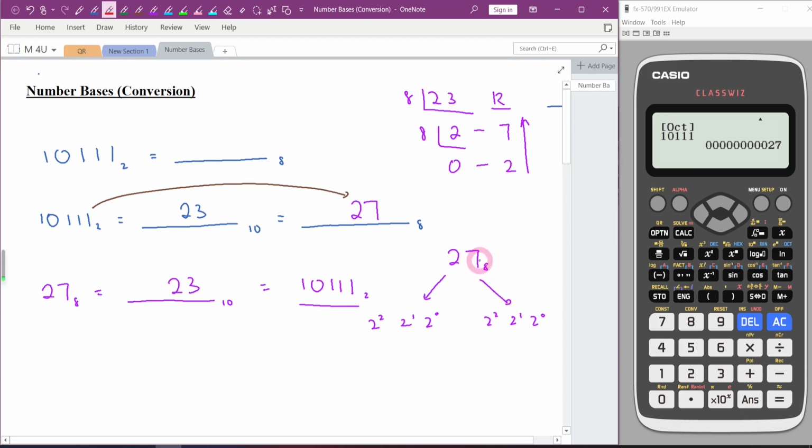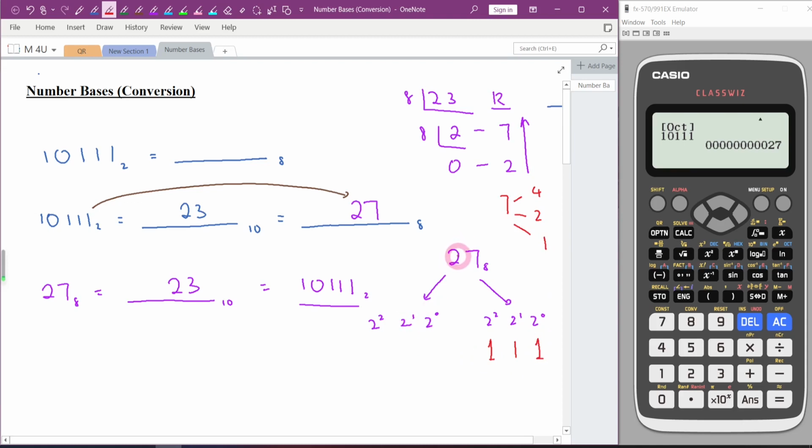So for 7, I can put 1 over here. When I put 1, it means 1 times 2 power 2, which is equal to 4, I still need 3. So I put another 1 here. 2 power 1 is equal to 2, I still need 1, right? Because I want 7. Okay, 1. How about this?